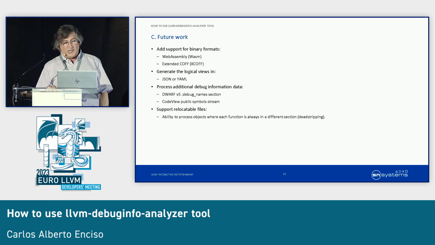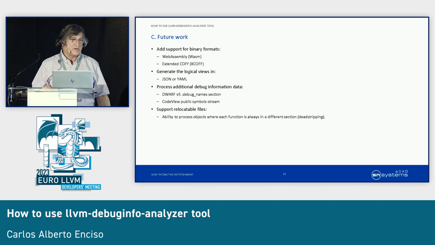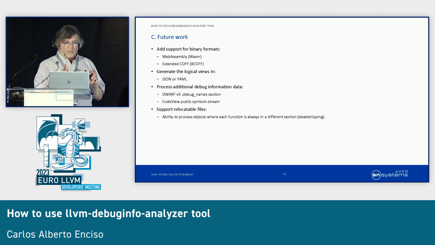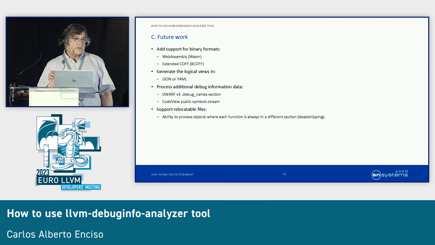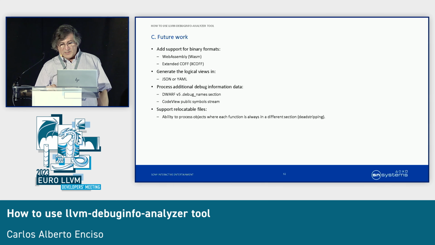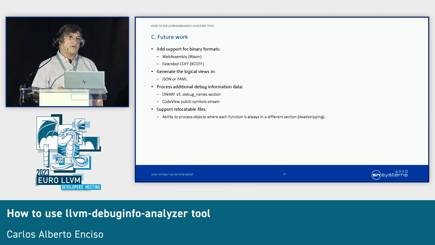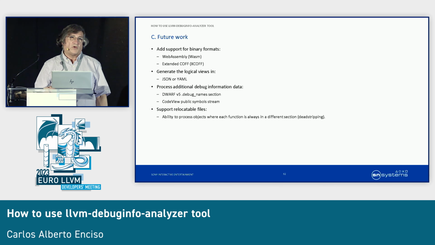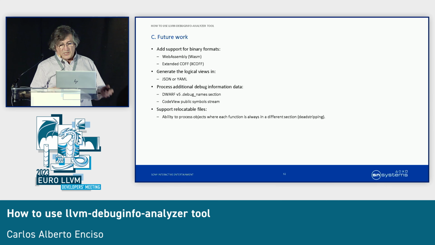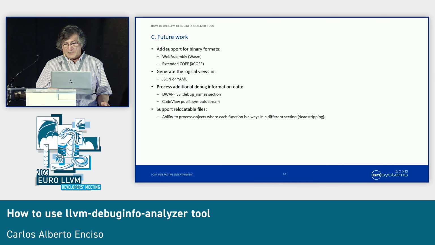Second, generate the logical views in a standard format, like JSON or YAML, because at the moment it uses a free form. Third, process additional debug information, especially in DWARF 5, the debug names section, and in CodeView, the public symbols stream. And finally, support relocatable files, which are those objects where each function is always in a different section.